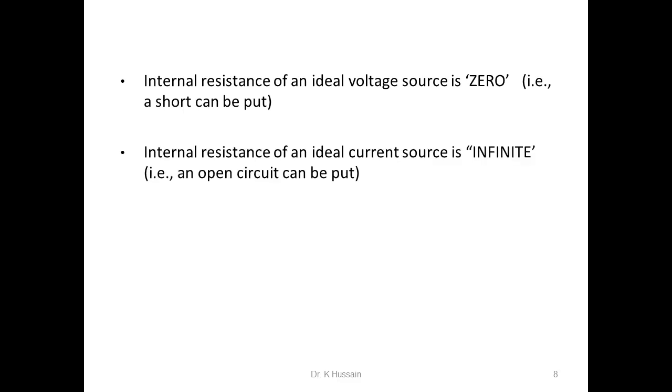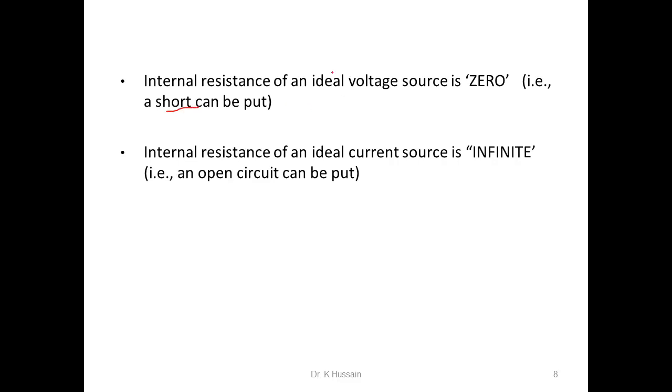The internal resistance of an ideal current source is infinity, so at that time we put that source as an open circuit. That is the main point you need to keep in mind.